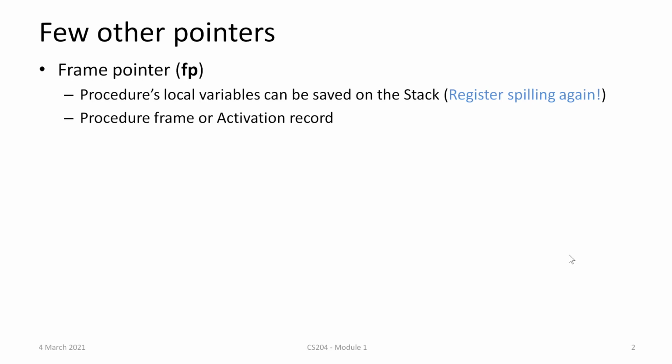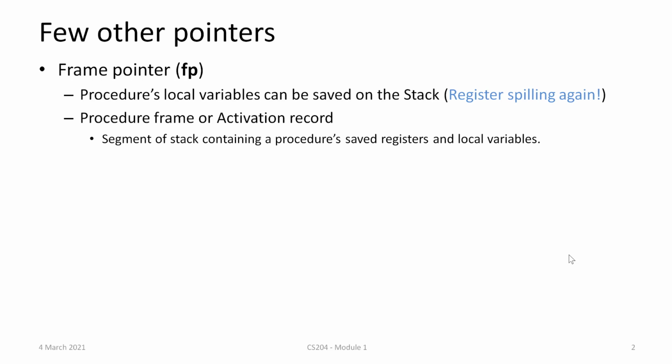So this together is called activation record, and the frame pointer points to the first location of this activation record, meaning the frame pointer would be having the address of the very first variable that we have placed onto the stack for this particular procedure, right?